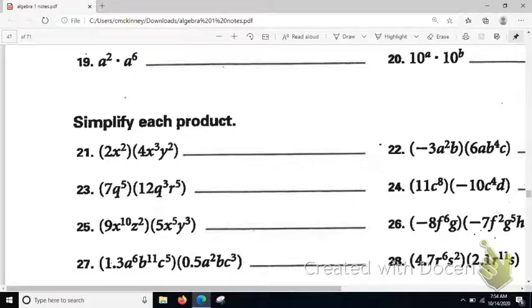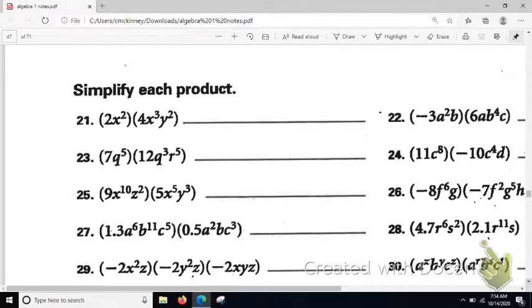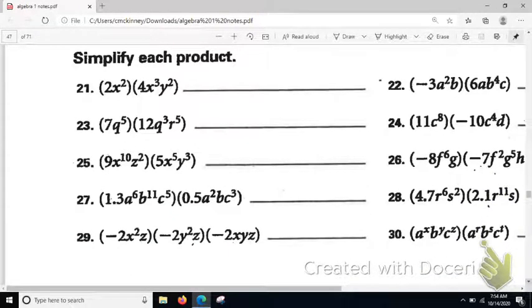And let's see here. There we go. So I'm going to work down this left-hand column. So you are still going to multiply the coefficients. The coefficients are not exponents, and they don't behave like exponents. So 2 times 4 is still 8. Not changing that. And then I write down my x, and then I have 2 plus 3 is 5.